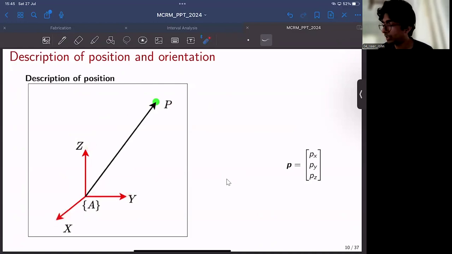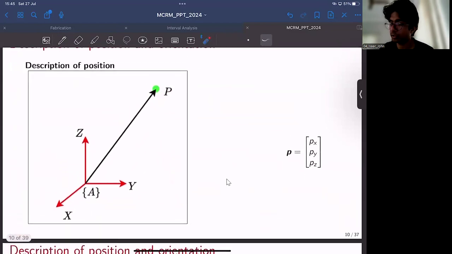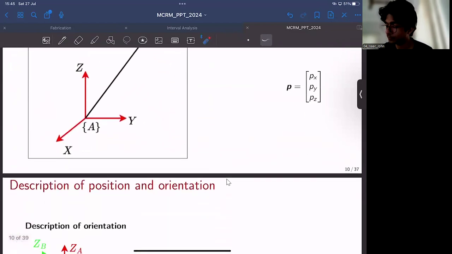So to reach P, you would need to traverse Px distance along X, Py distance along Y, and then Pz distance along Z. Right. So basically, it is more or less straightforward to describe the position of a point.